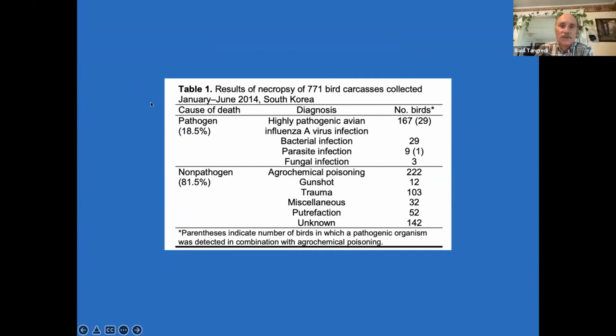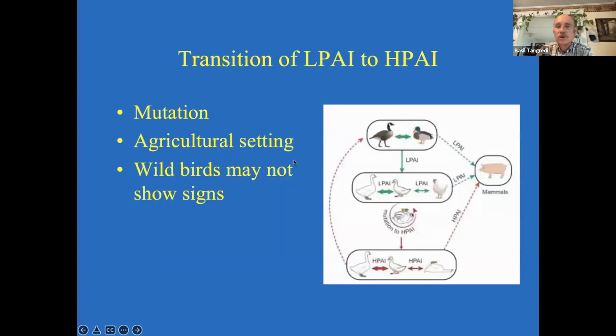In terms of this study, 167 birds out of 771 actually had high pathogenic avian influenza. So that's 18.5%. The rest had these other things, different bacteria and fungi, and this fungi would be aspergillosis.